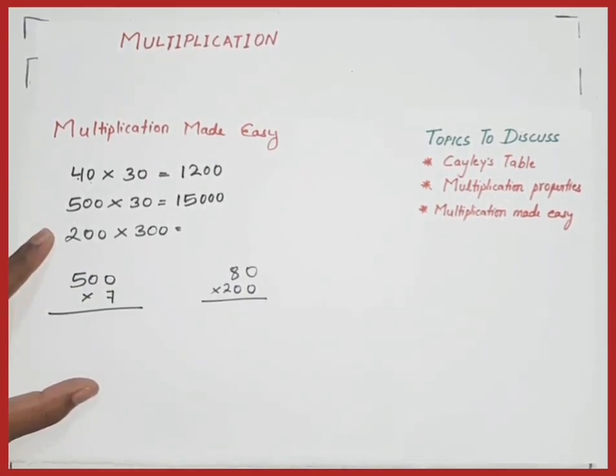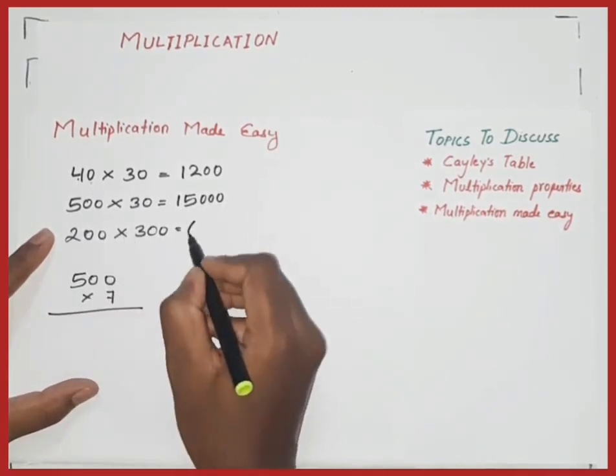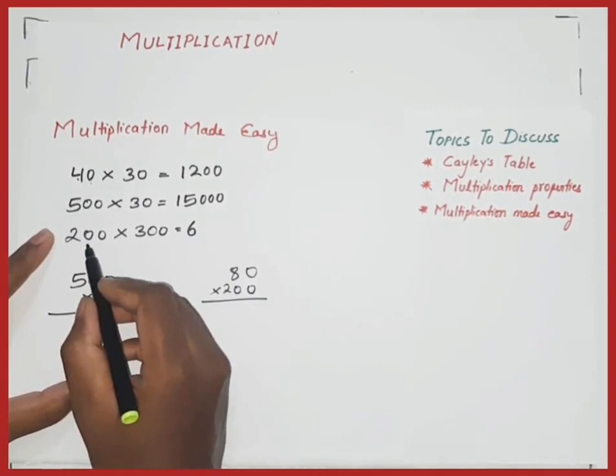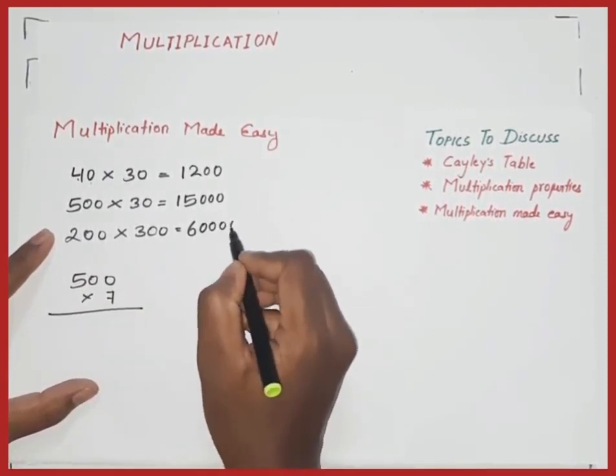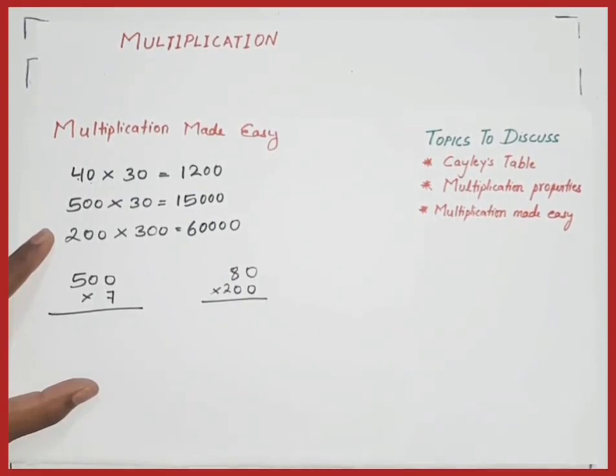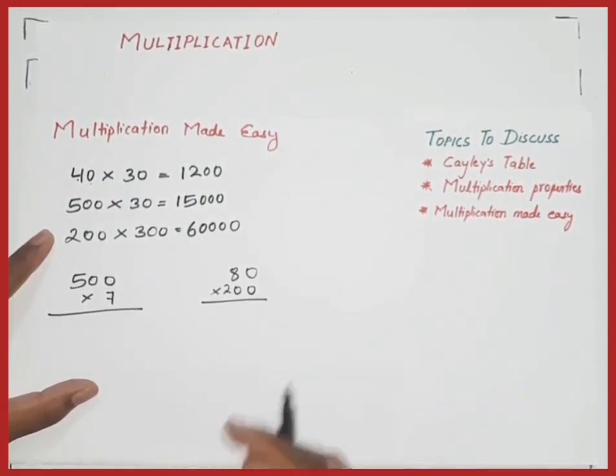So 500 into 30 is 15,000. Right? Next 200 into 300. We'll also multiply it easily. First 2 into 3 is 6. Total number of zeros 1, 2, 3, 4. That is 60,000.